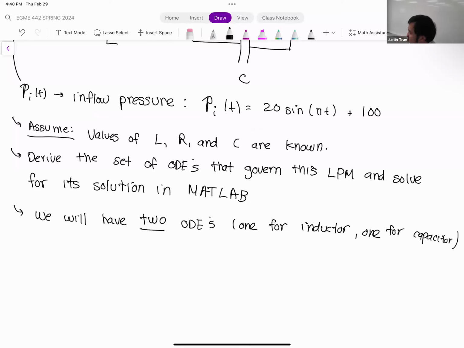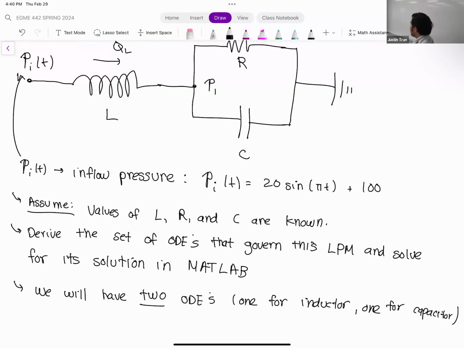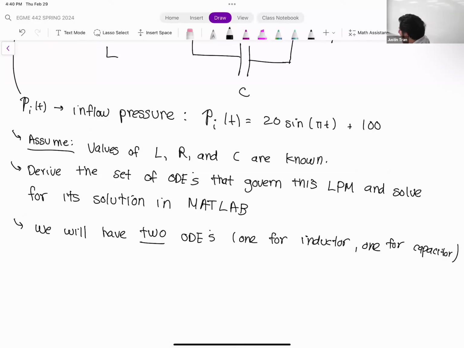Remember, that's always the first step whenever you have an LPM problem: count the number of inductors and capacitors, and that's the total number of ODEs you're going to have. So one for each inductor, one for each capacitor. Since we have two ODEs, let's go from left to right.